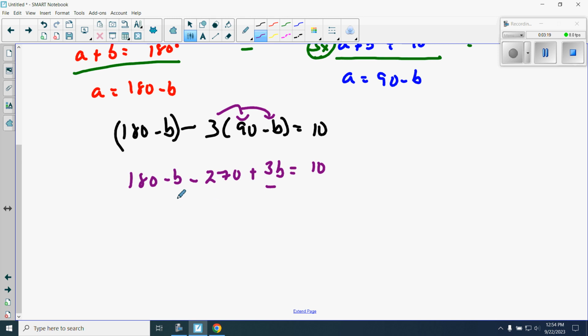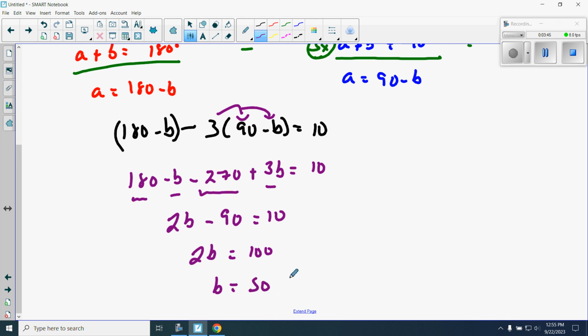We combine like terms on the left, which gives us 2B minus 90 is equal to 10. We combine our constants across the equal sign, adding 90 to both sides. We get 100, divide by 2, and B equals 50.